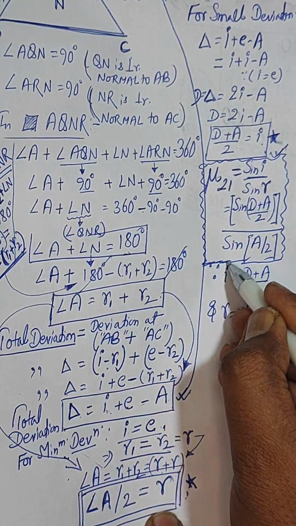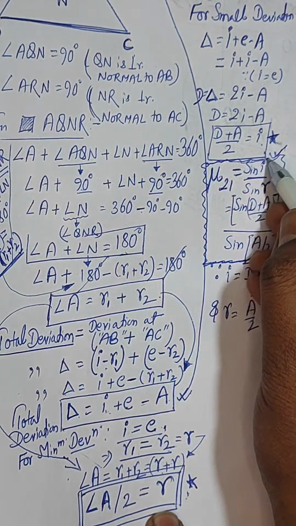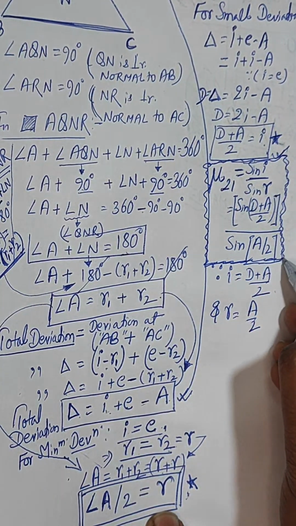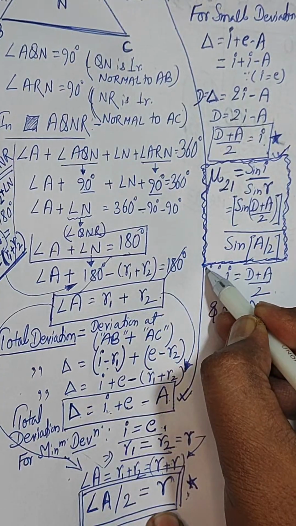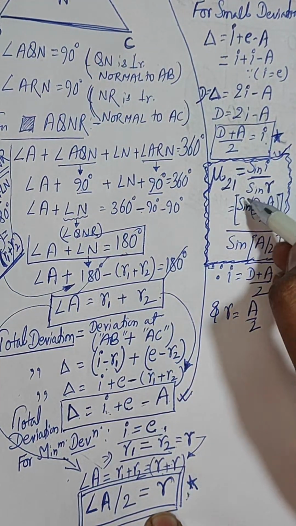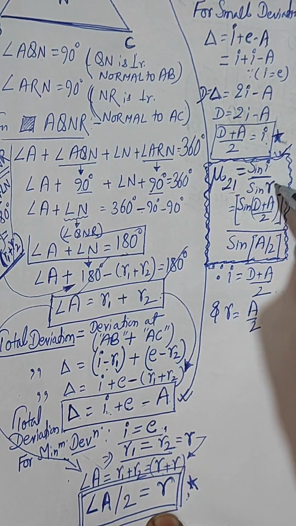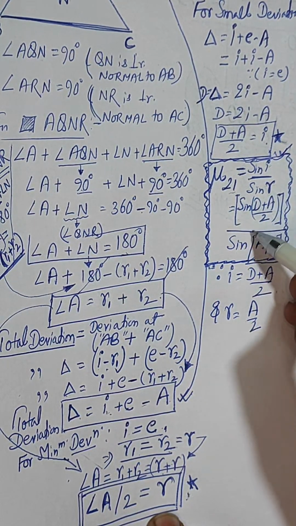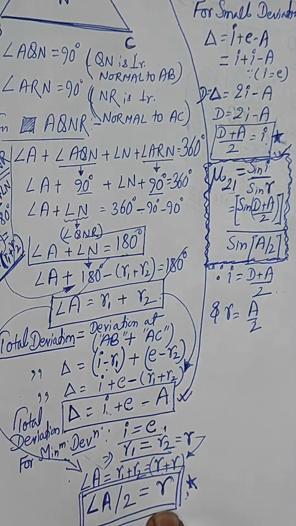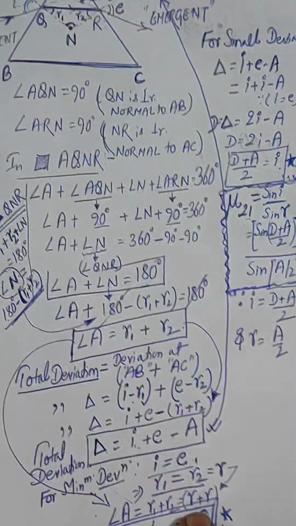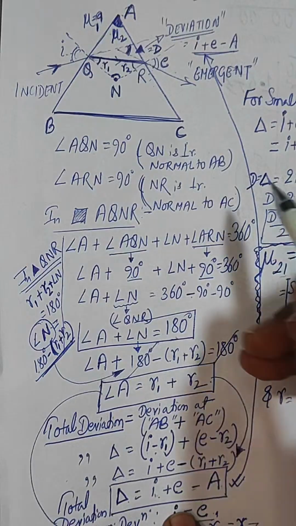Refractive index for a glass prism with respect to the angle of deviation can be shown as mu 2 1, right, is equal to sine I by sine R, which is equal to sine of D plus A by 2 divided by sine A by 2, where this is the condition.